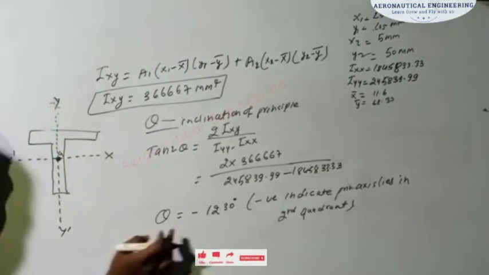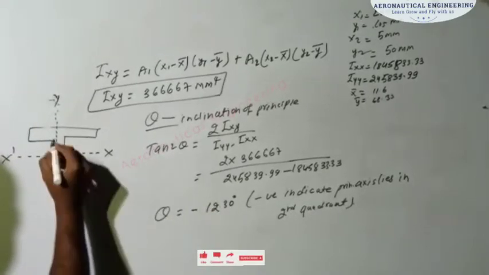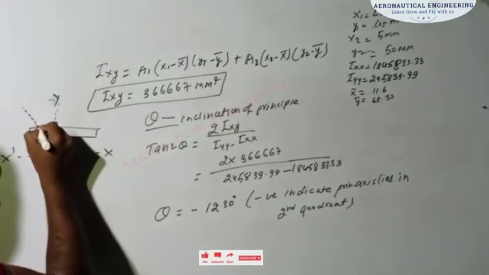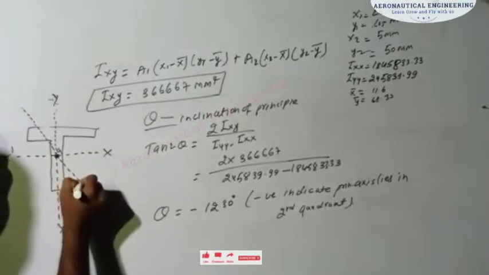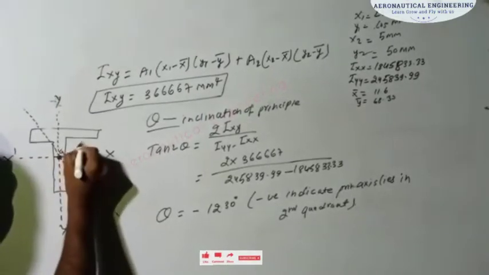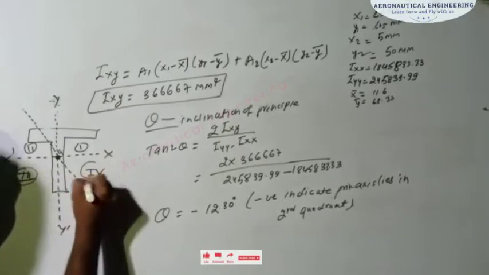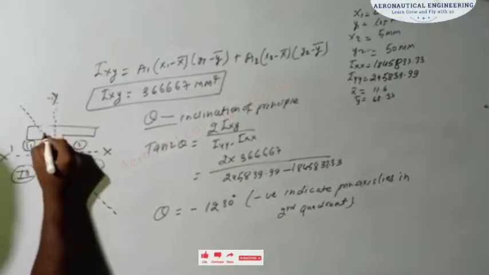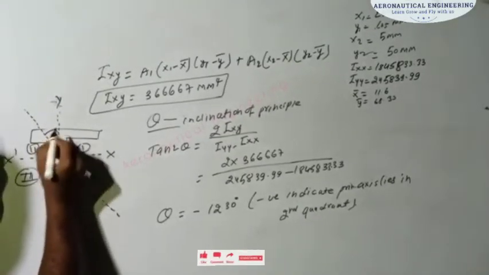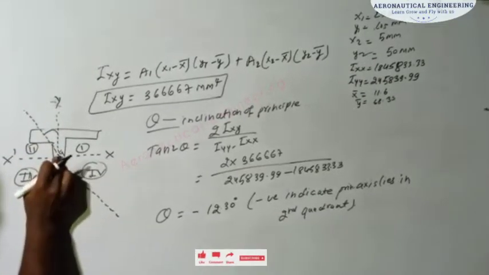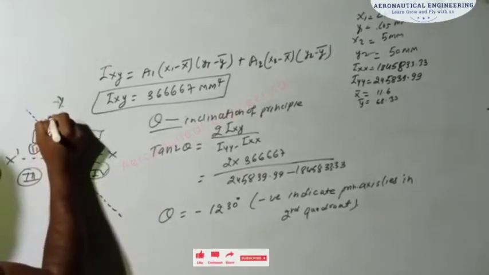Theta value is minus 12.30, so the principal axis is inclined like this with respect to the centroidal axis. This one is the first quadrant, this the second, this the third, and this the fourth. So the inclination of this principal axis with respect to the centroidal axis is 12.30.